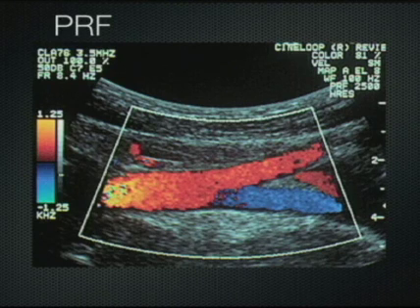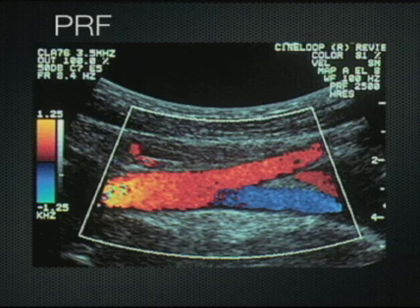The color map on the left of the image indicates the values and frequency shift of the colors assigned to the image. And in this particular case, the very lightest red colors are meant to represent a frequency of around 1.25 kilohertz, and the very lightest blue colors a frequency shift of minus 1.25 kilohertz.